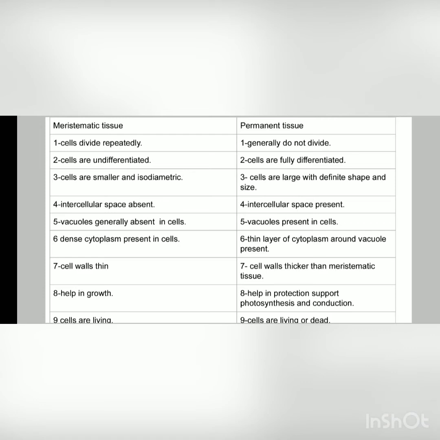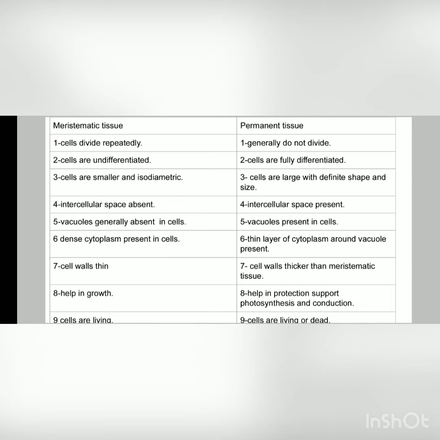Vacuoles are generally absent in the cells of meristematic tissue, because there is no need of vacuole to store anything. And in permanent tissues, vacuoles are present, as vacuoles have specific functions in the permanent tissue cells.